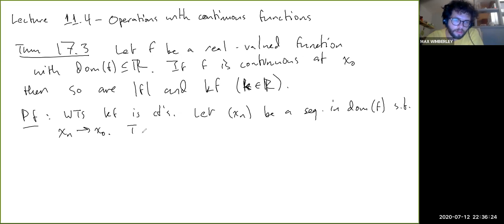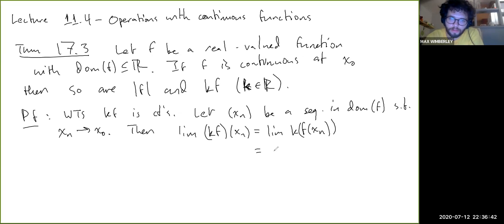Then the limit of kf of xn equals the limit of k f of xn, which is k times the limit of f of xn, which is k f of x naught, which is kf of x naught.